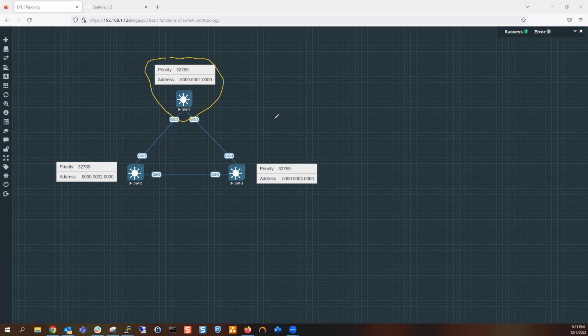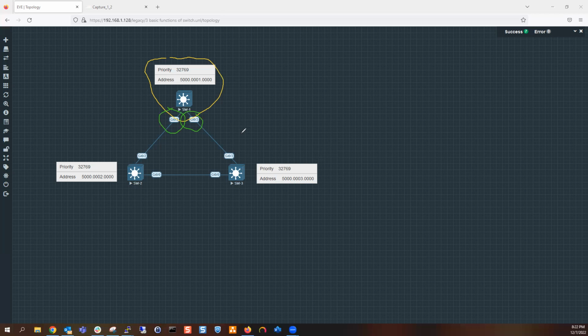Of course we know the different port states and roles within spanning tree. You can block a port, you can be forwarding, you can be designated. But with spanning tree, if it's a root bridge, it always needs to be available. So this root switch is always going to be forwarding, and it's going to be a designated port.